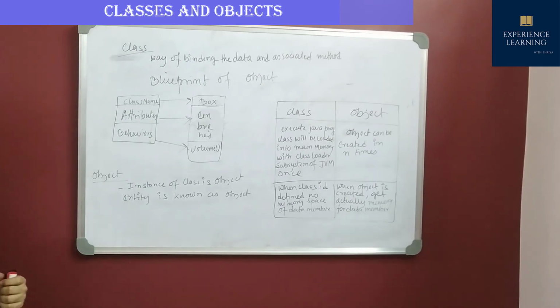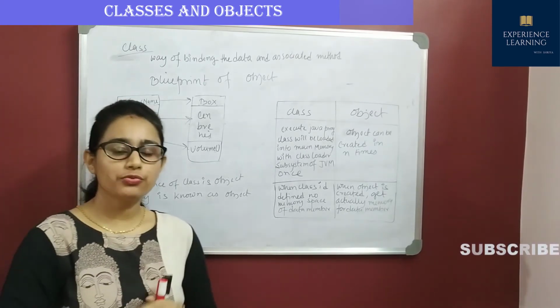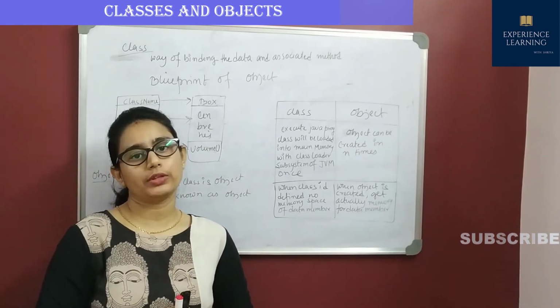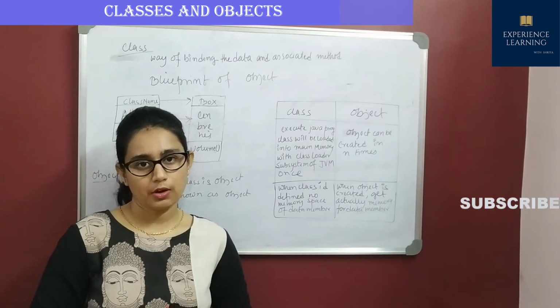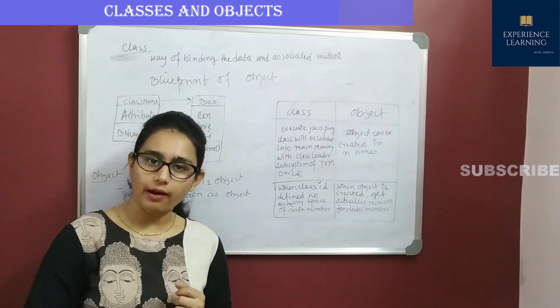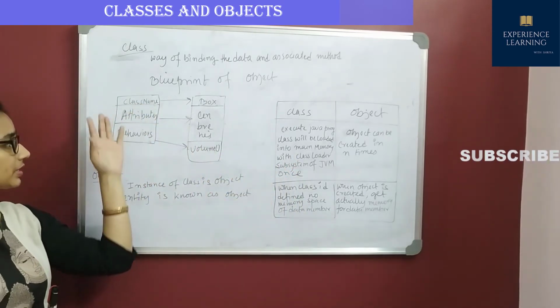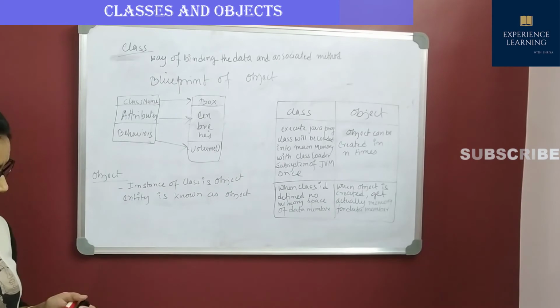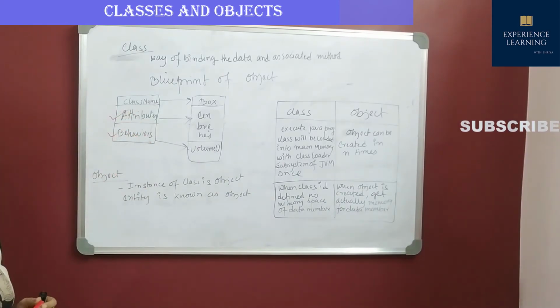And what is an object? When the actual, physical instance of the class is created, then this is known as an object. I have already given you an example: student is a class that has attributes. A class basically has two parts, one is the attribute and the other is the behavior.